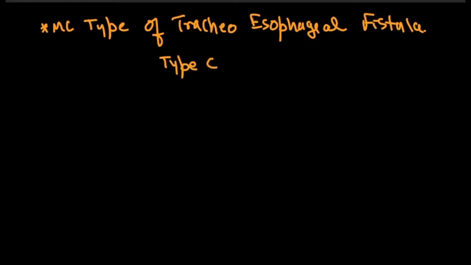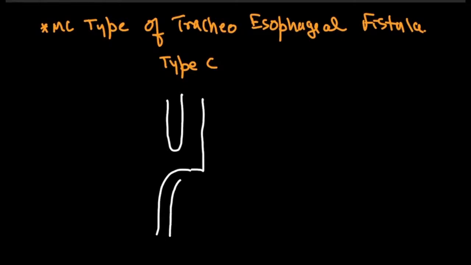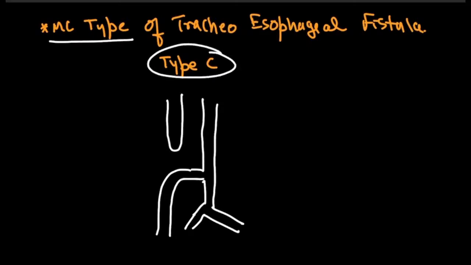In type C, there is atresia of the upper part of the esophagus. On the other hand, the lower part of the esophagus is communicating with the trachea. This is what is referred to as type C, and this is the most common variety of tracheoesophageal fistula. Okay, I hope you got this.